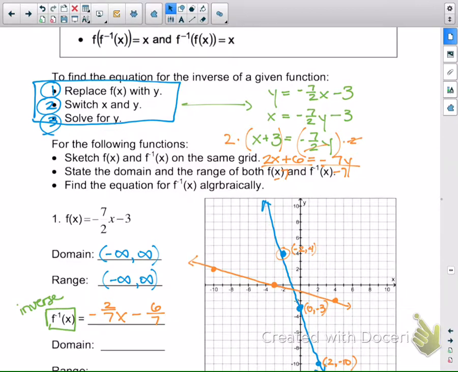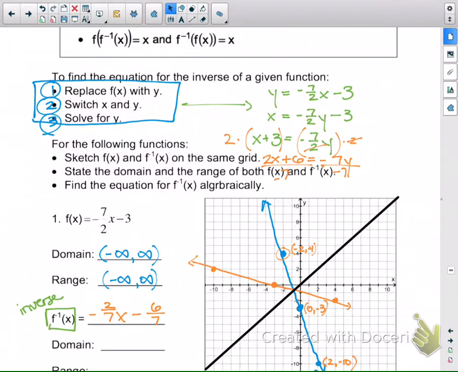Notice these should be reflections over the line y equals x for us. If I drew that in there, they should be flipped over that from each other. And then the last thing that flips for us, remember we were saying with inverses, all x's and y's flip. The other way we represent our x's and y's in these are our domain and range. Domain is what? X, and range is?